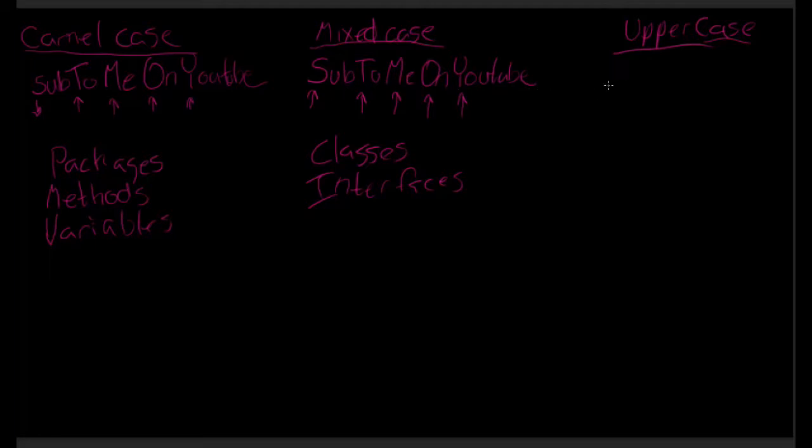So what we do in this case is, I'm just going to do "sub to me" because this is a lot larger. We would do SUB, and then for spaces we actually just throw in an underscore and do TO underscore ME, like that. So this would be how you do an uppercase. And generally, this is pretty much only used in constants.